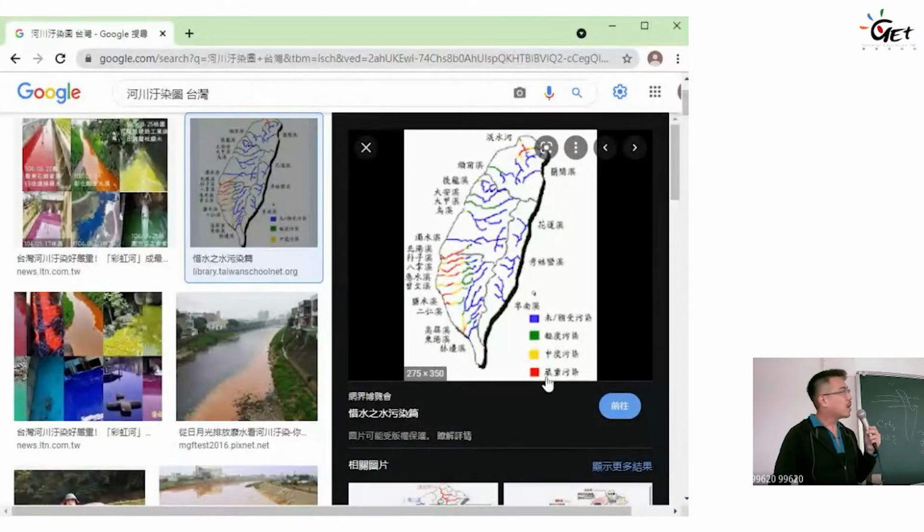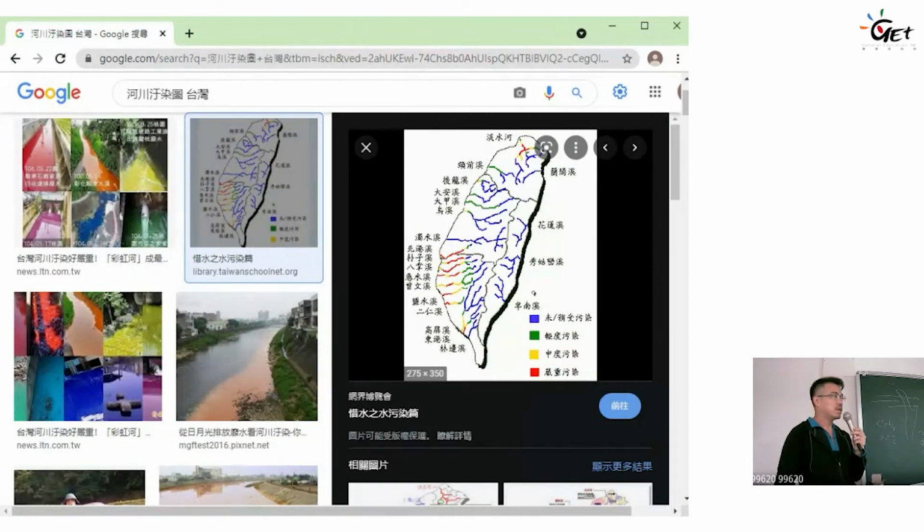If it's in red color, it means it was seriously polluted. With blue color, it means they're clean. And unfortunately, this picture I remember was made in 2003, which means like 18 years before. And for now, all the rivers in the western part are presented in red color.